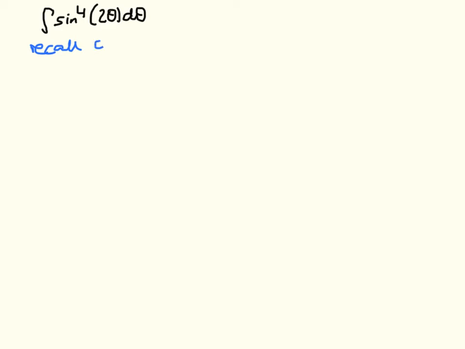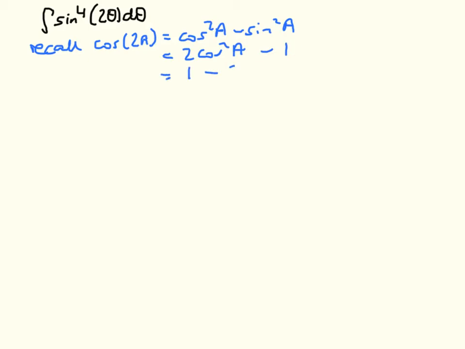that the cosine of 2a is cos squared a minus sine squared a, or 2 cos squared a minus 1, or 1 minus 2 sine squared a.